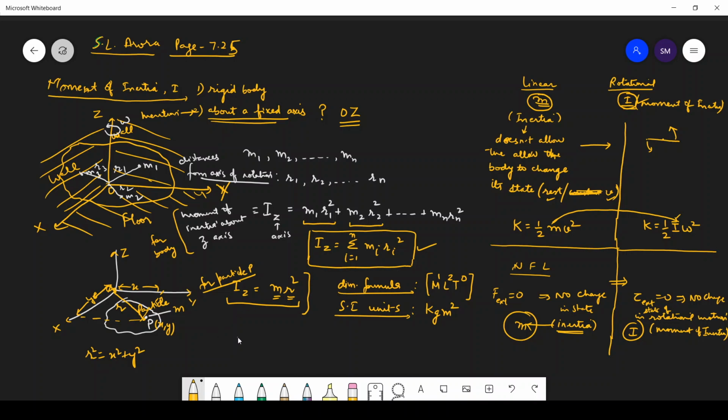So I resists change in state of rotational motion.